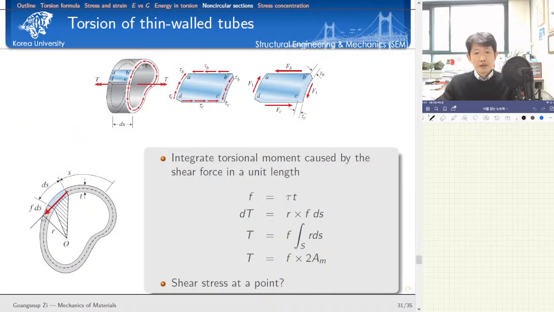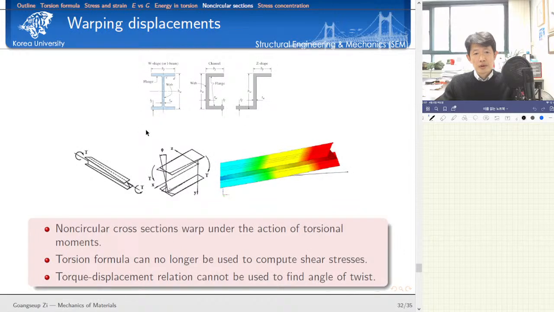Before we talk about the torsion of thin walled tube, I'd like to discuss these slides first. Let's consider an I-shaped section here, and also channel sections, and also the angle section. If you apply torsional moments, not like circular sections, we have very interesting behavior.